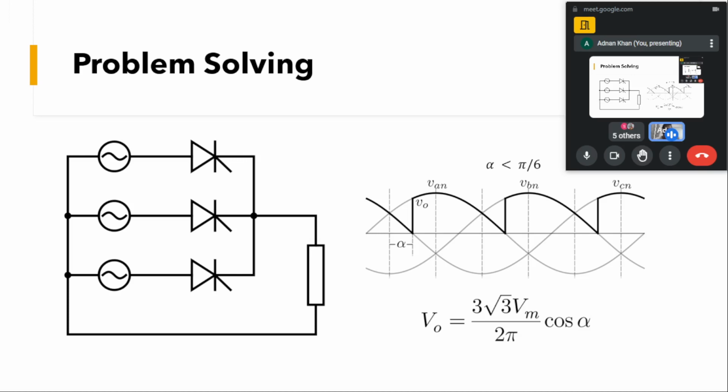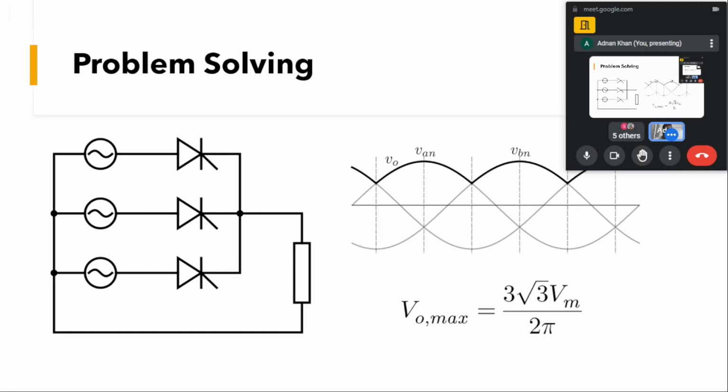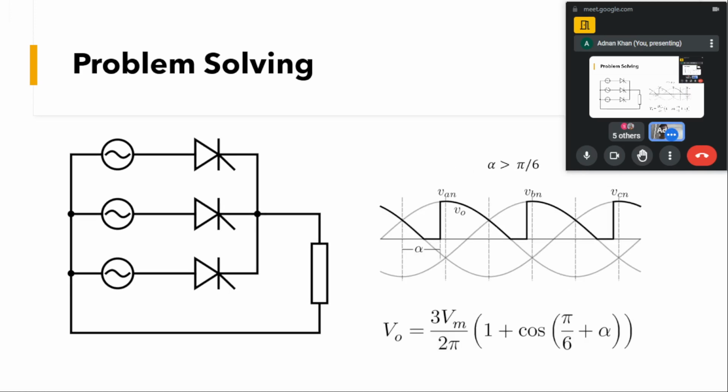But what we are given is a simple R load, and with an R load the voltage cannot go negative. So for alpha greater than pi by 6, at pi by 6 what we get is a 0 here, it will trace this point and start at this point. Had there been an RL load, we would be having some negative part here in the output voltage.